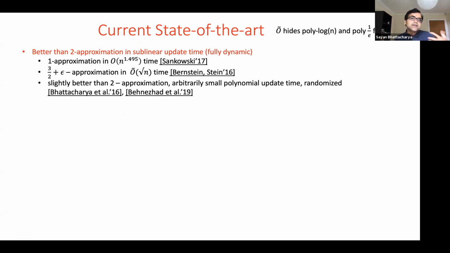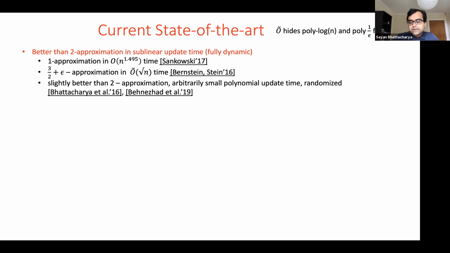So here's one way to summarize the state of the art. It revolves around this approximation guarantee of 2 that comes from the maximal matching. If we want better than 2 approximation, then currently only subpolynomial update time algorithms are known, and I have listed 3 of them here.